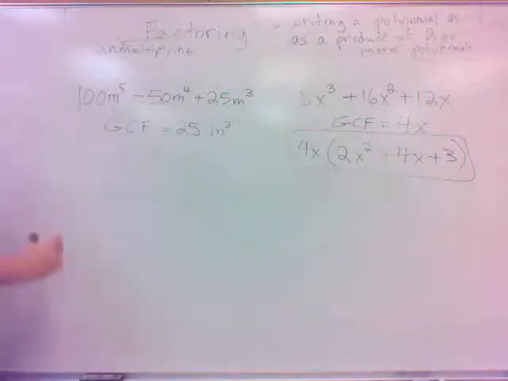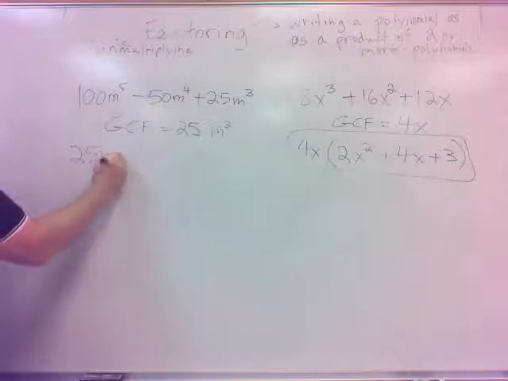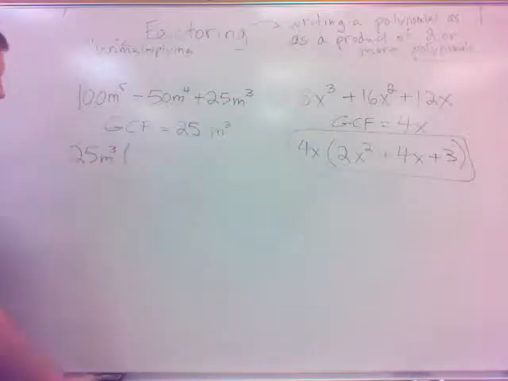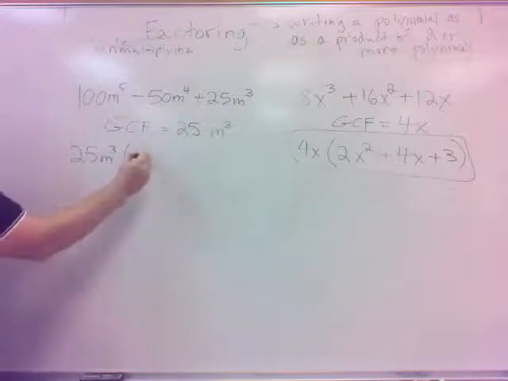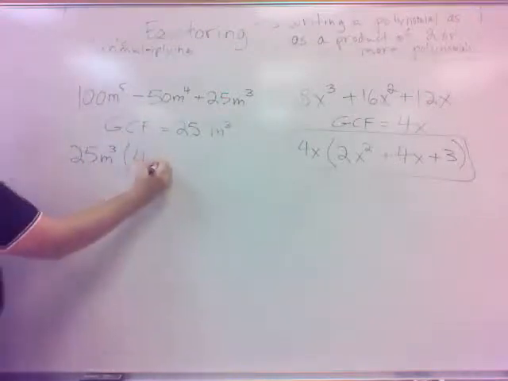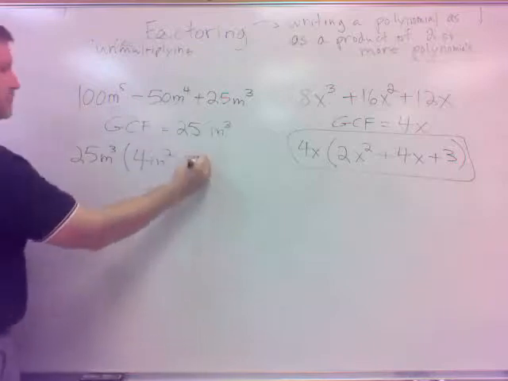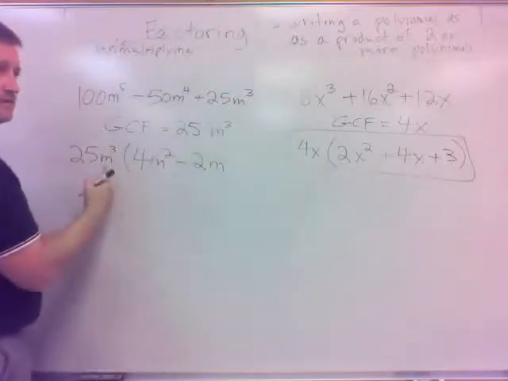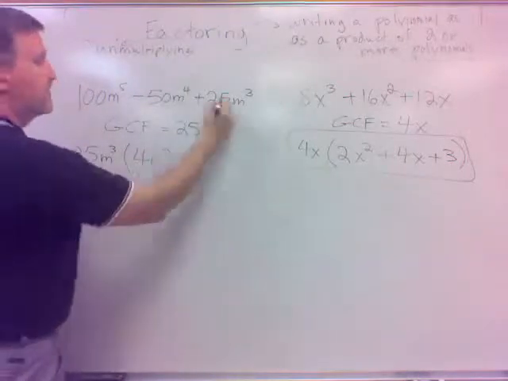So 25 m cubed, does that sound all right with everybody? All right, so if we factor that off of all three, what do we got? 100 divided by 25 is 4, m to the 5th leaves m to the 2nd, minus 2, m to the 1st.